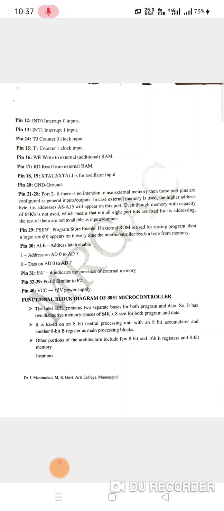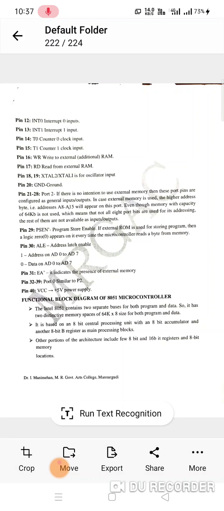Pin number 21 to 28 is for port 2. If there is no intention to use external memory, then these port pins are configured as general input output.